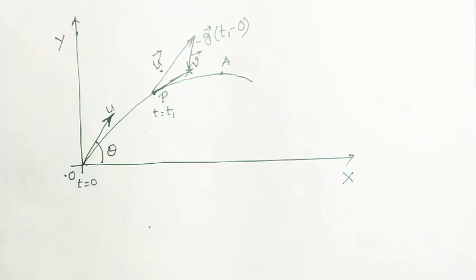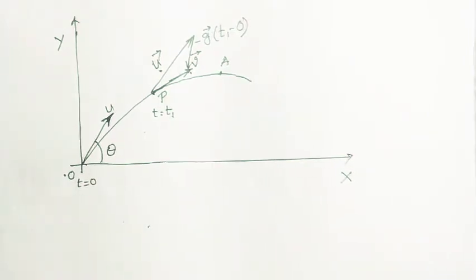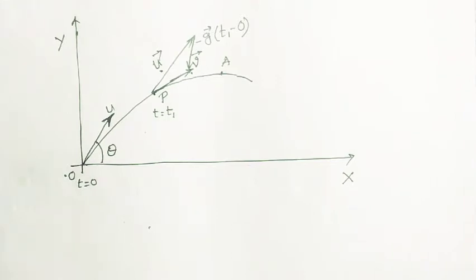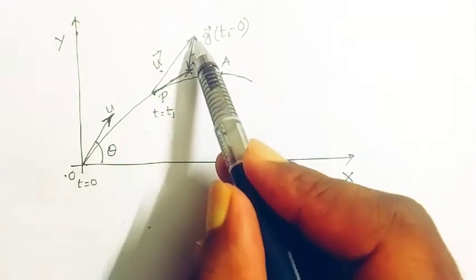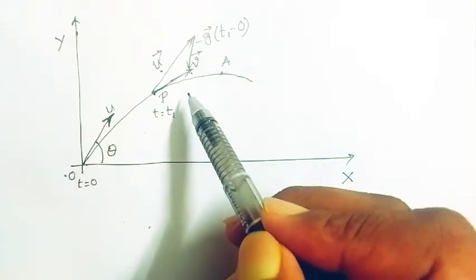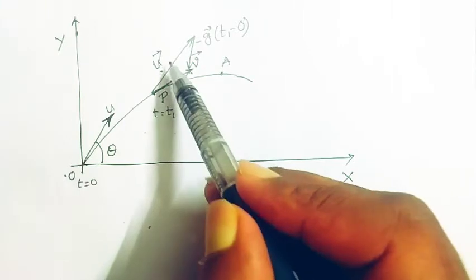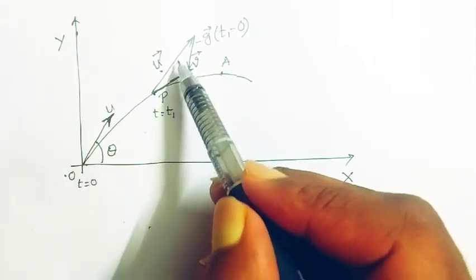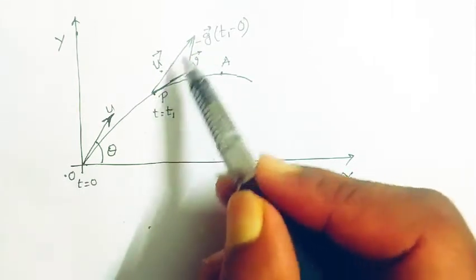I have told you to note the things that I told you about vector addition previously, slightly at the starting of the video lecture. So if you have noted this, then you know this minus g into t1 minus 0 is nothing but it tells how the velocity vector changes. Basically it constitutes a triangle.